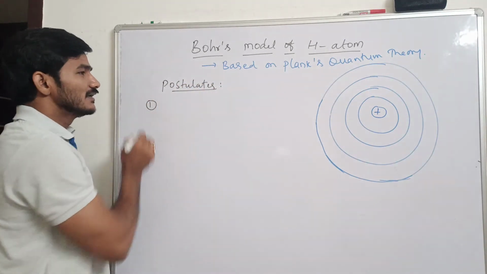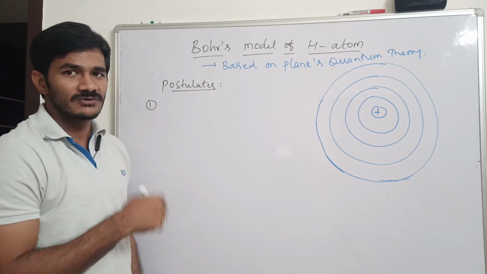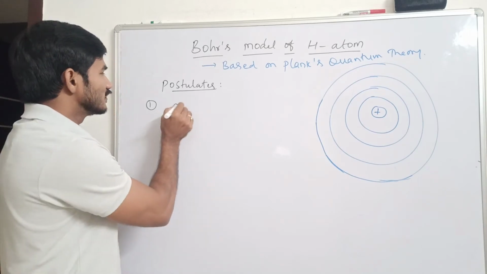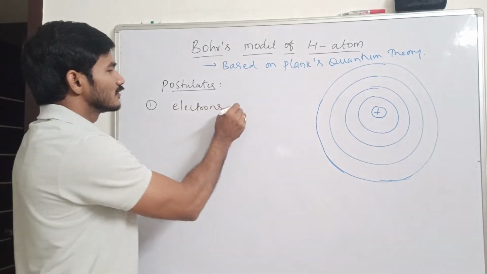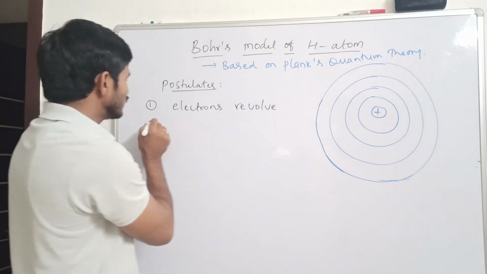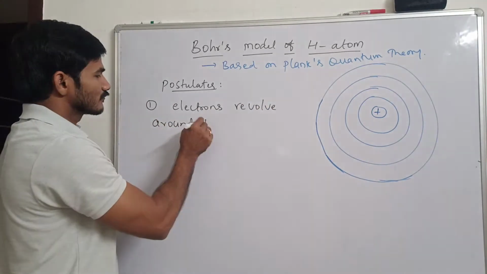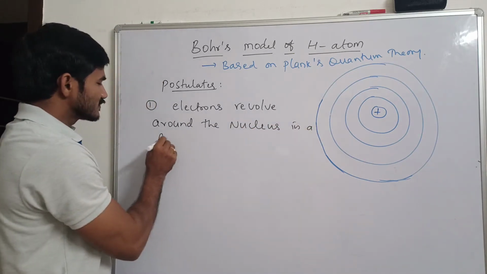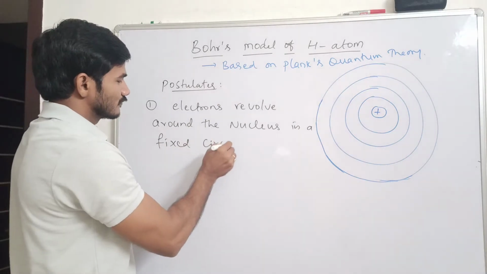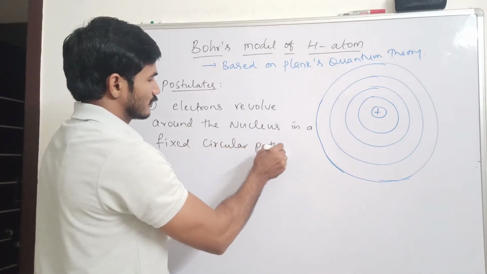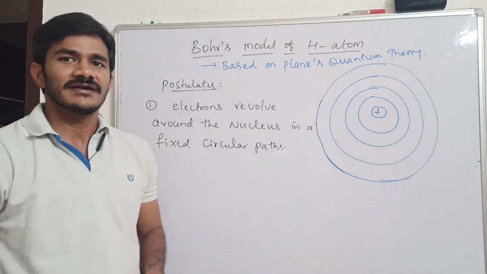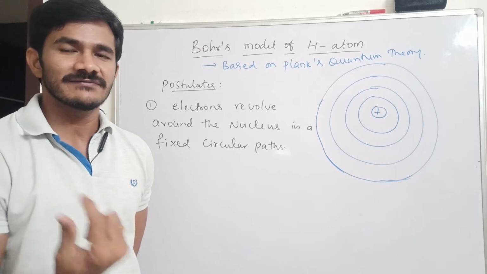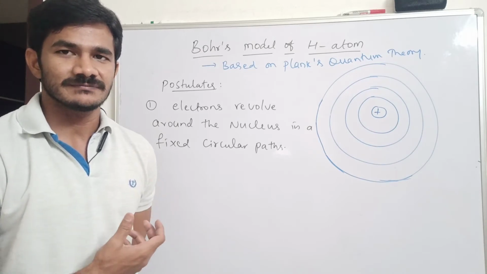First point is, electrons revolve around the nucleus in fixed circular paths. Rutherford had already stated that every atom has a nucleus in the center and electrons revolve around the nucleus, like a solar system.